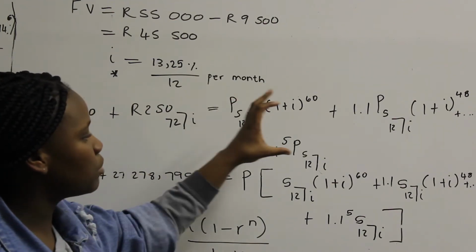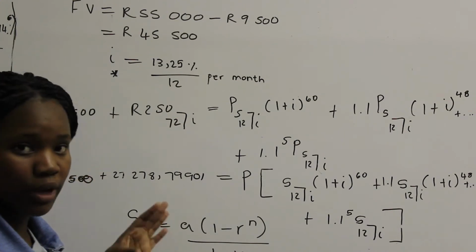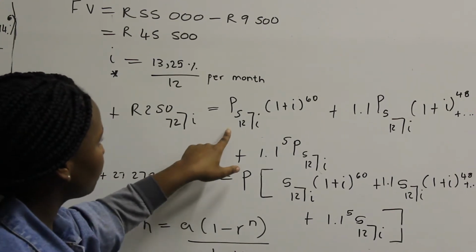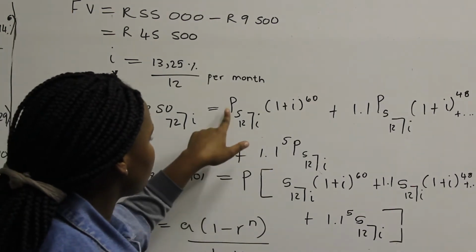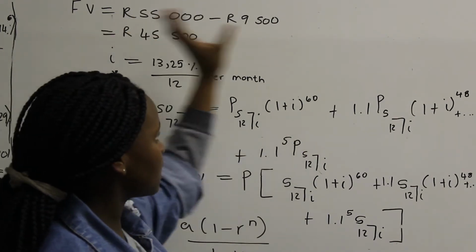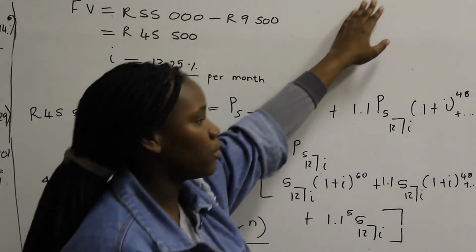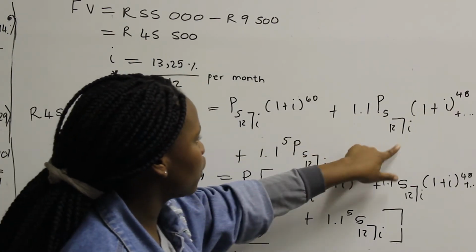Therefore, here it has to be a geometric sequence in order to solve the whole equation. The first year will be the future value of the annuity plus what is left, because this serves as our focal point. Then plus the second year.